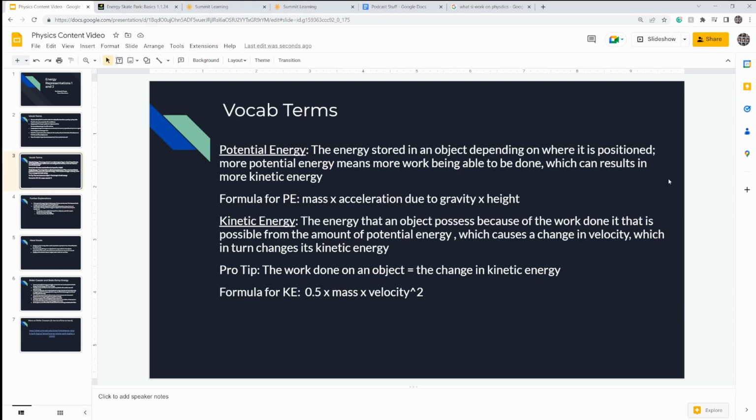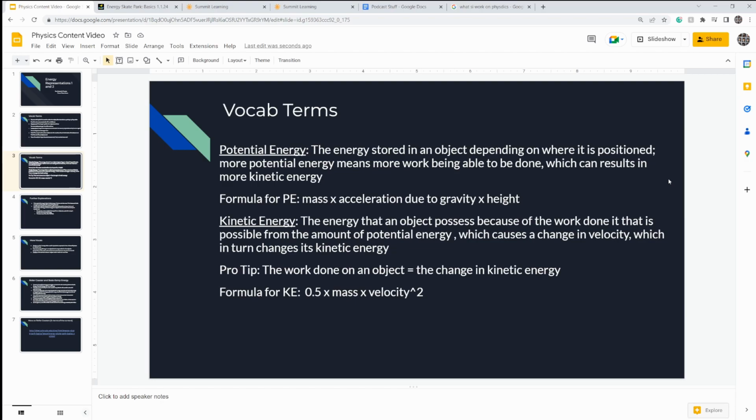Usually it's kinetic energy, but it's still good to know just in case, and just to better understand kinetic energy as well. So kinetic energy is the energy that an object has because of the work done on it. That is possible from the amount of potential energy. So, like I said, more work means that there was more potential energy.